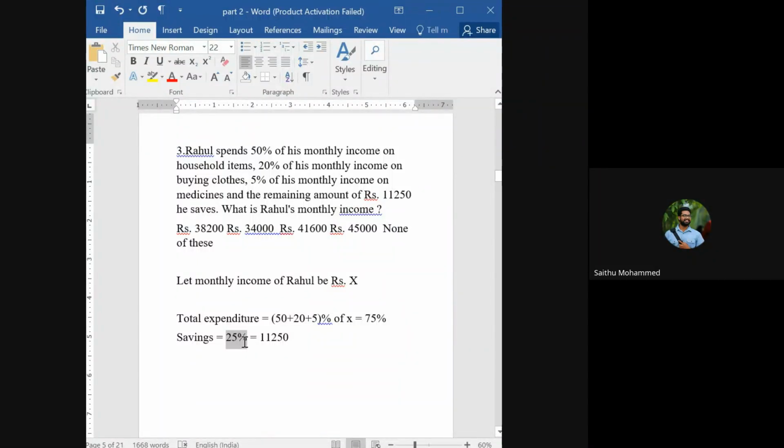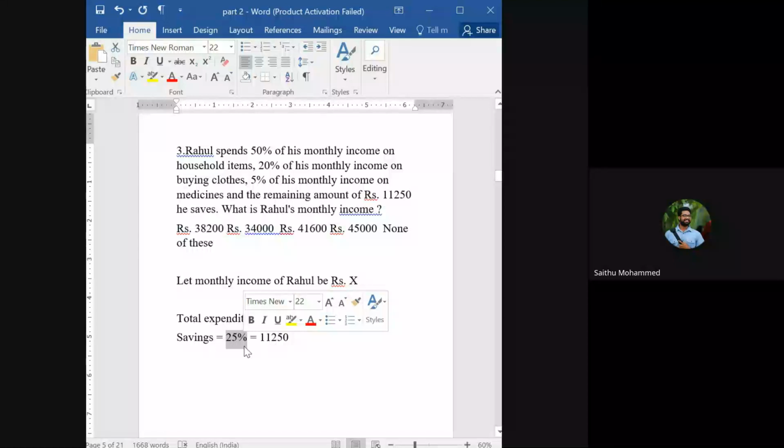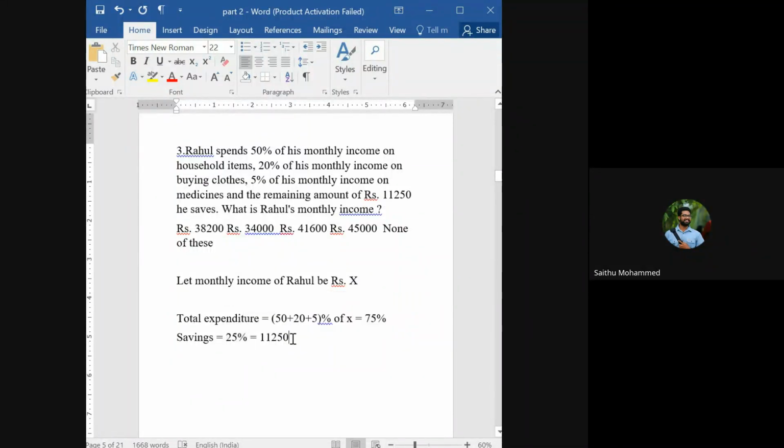That means savings equal to 25%, which is equal to 11,250. Everyone with me? Yes, this is a confusing question, but if there is any doubt, you may ask. Okay, is it clear till here? Okay, then I will move forward.